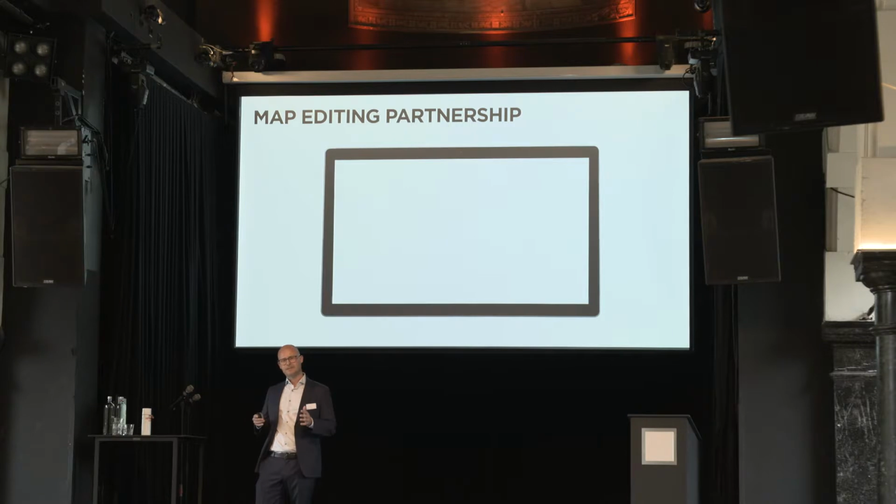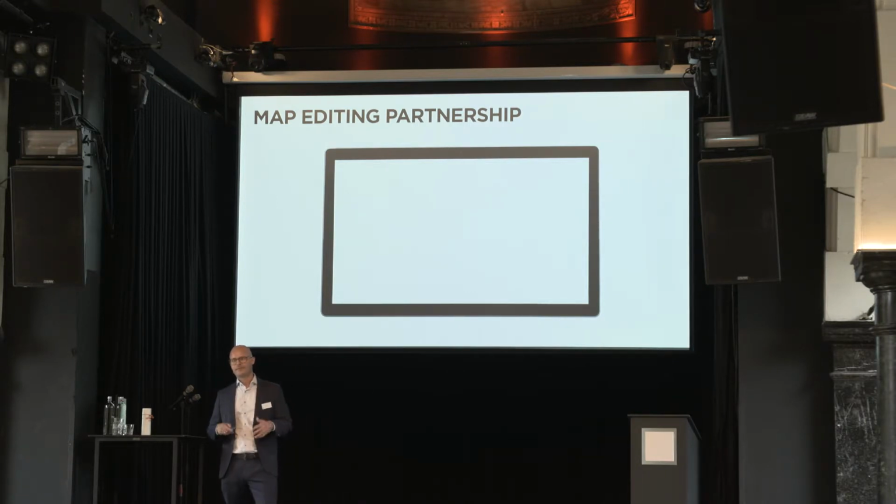We've basically been taking our tools, giving them to our customers, our strategic partners, and letting them edit directly into our map database. The whole idea behind it is that we can turn these edits around much faster, and we can have a much fresher product. And of course, our partners are very interested in having that freshness so they can provide the best product to their consumers in the market they are in.